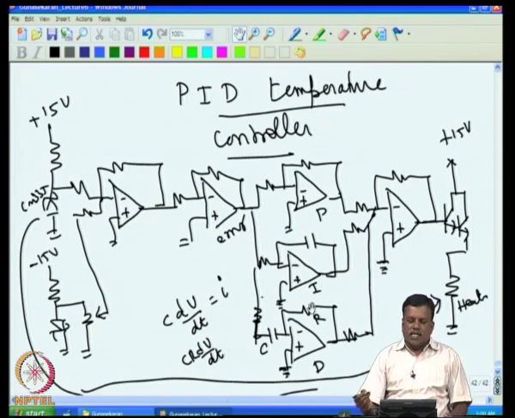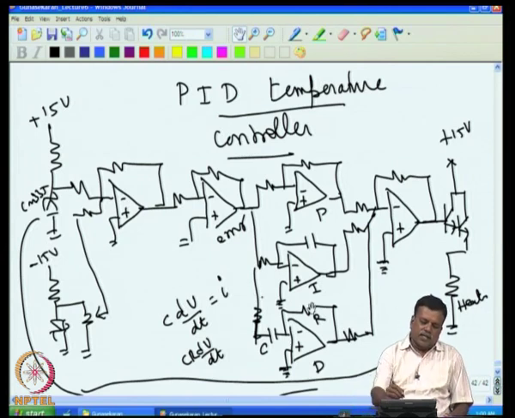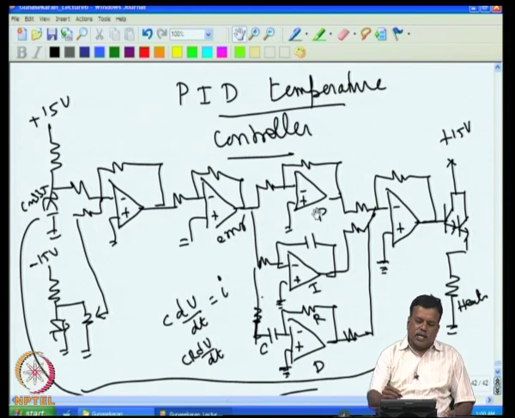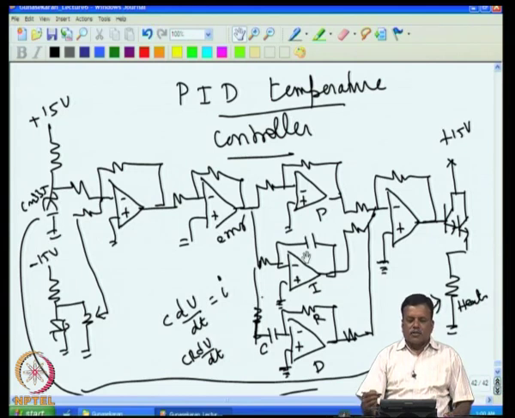So, one has to scale it the same way as I had shown in the example for proportional gain. Only that scaled time constant should be used here, not the temperature time constant that you get, as I had explained. So, I can explain this to you later.